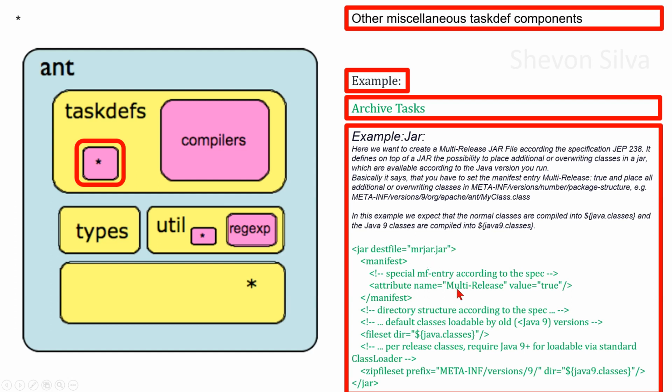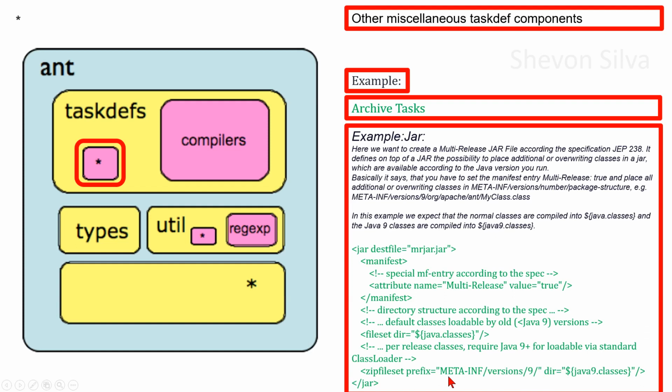Basically, this says that you have to set the manifest entry Multi-Release: true and place all additional or overwriting classes in META-INF/versions/<number> and the package structure.